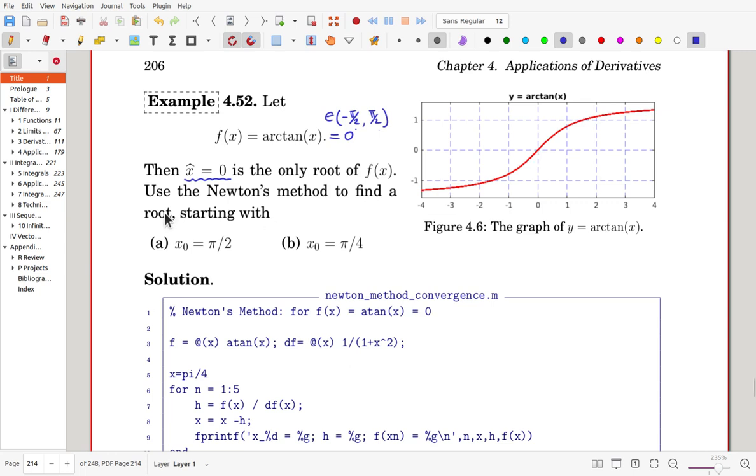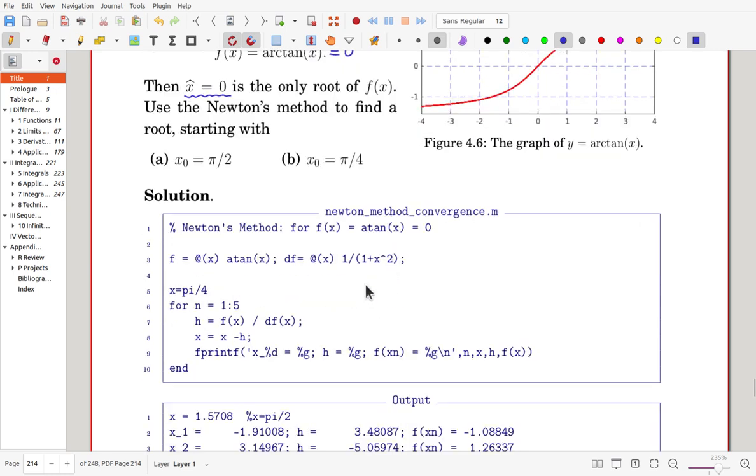Okay, we'll use Newton's method to find the root, starting with x0 = pi over 2 and x0 = pi over 4. Here, this is the implementation. F is defined now. ATAN, the arctangent in MATLAB, is expressed in this way. Now, its derivative is 1 over 1 plus x squared.